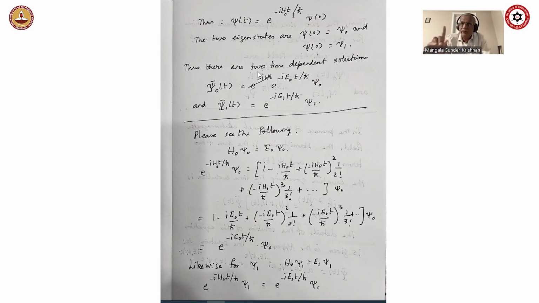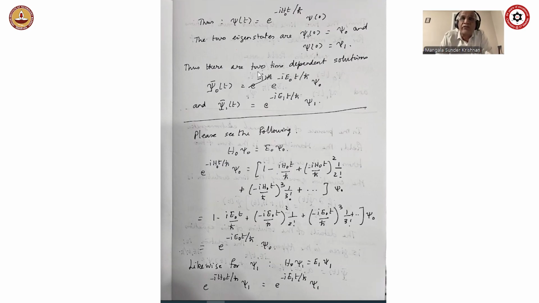So the wave function is always time dependent. Always. Except that the probabilities, which are calculated using psi star psi, can be time dependent or time independent, depending on whether the Hamiltonian is time dependent or time independent. The wave function always has this solution, even for the zero order Hamiltonian H0.